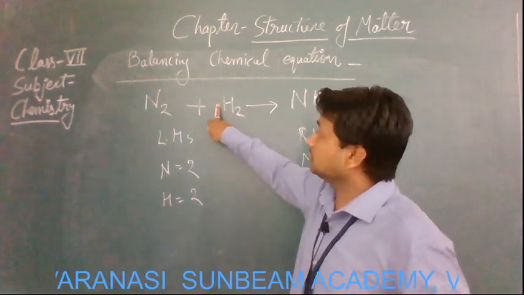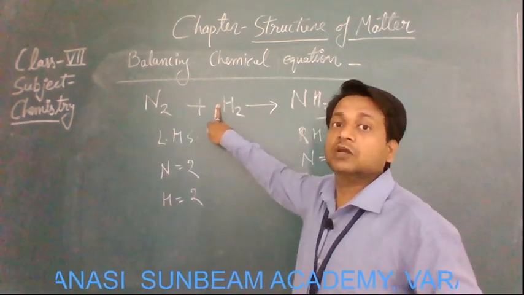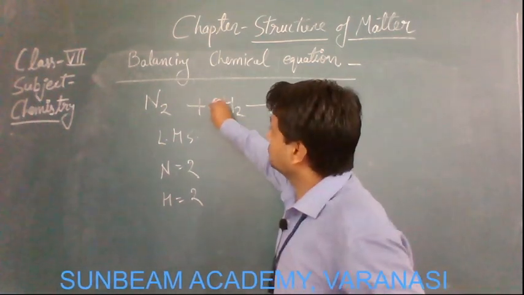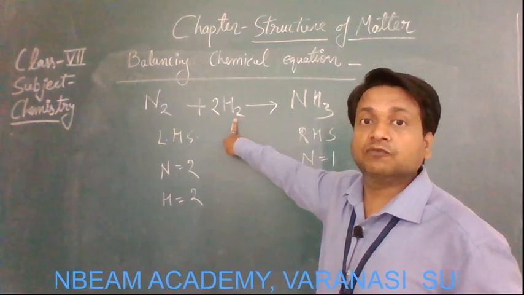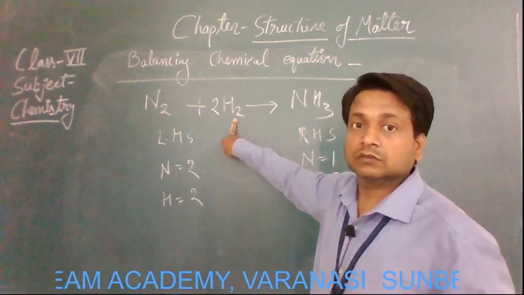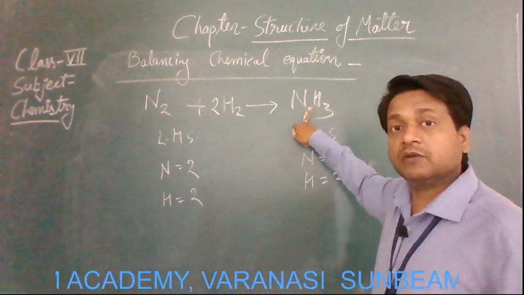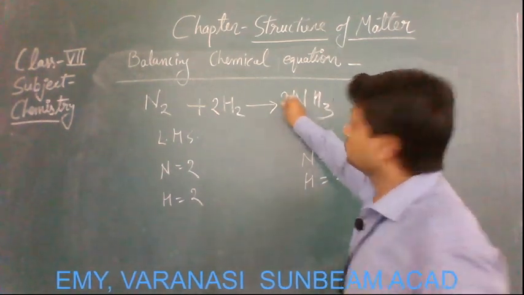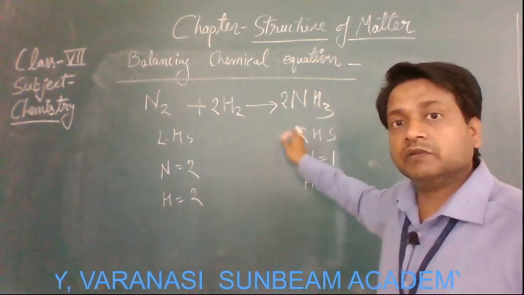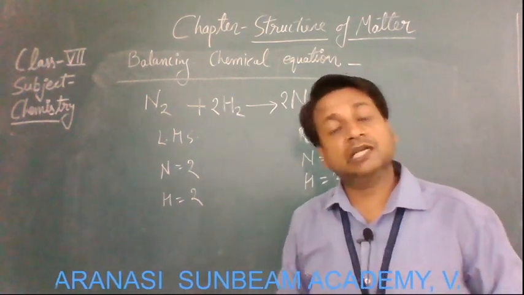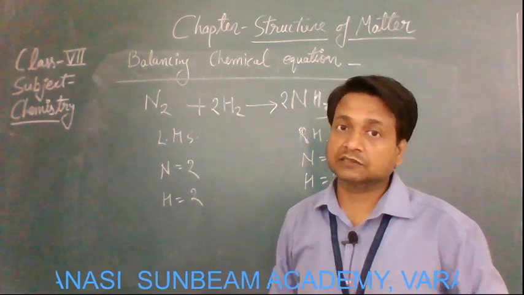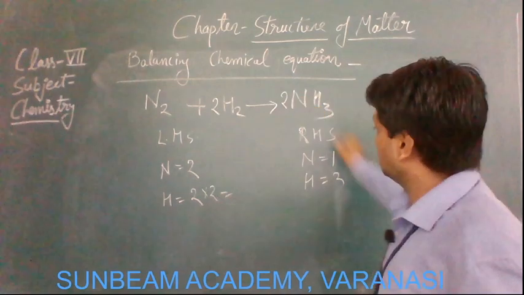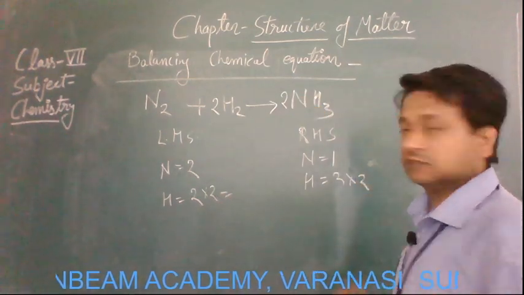If we increase the number of molecules here, as one molecule has 2 atoms, if we write 2 molecules, then we will have 4. And if one molecule of ammonia has 3 atoms of hydrogen, and we write 2 molecules of ammonia, then hydrogen will be 6. Then it also will not be considered balanced, because now it's 4 and now it's 6.